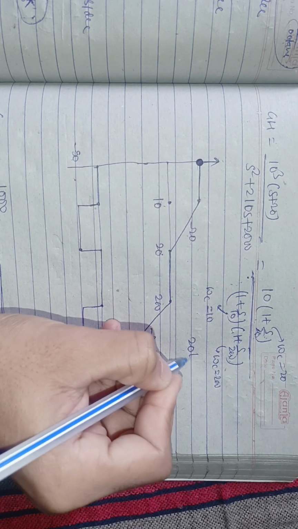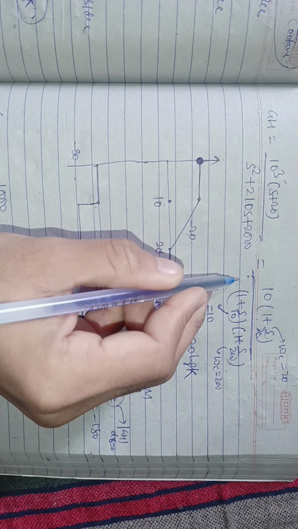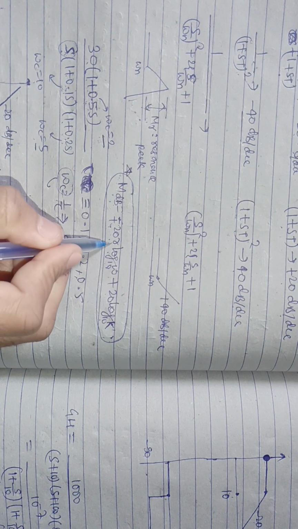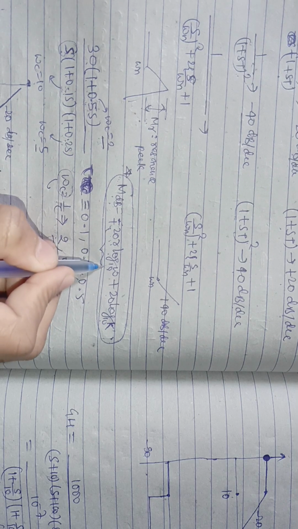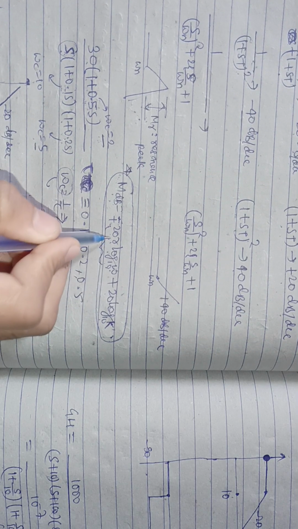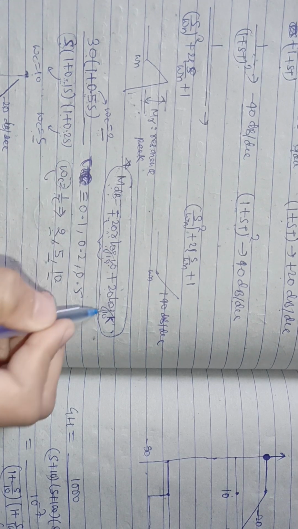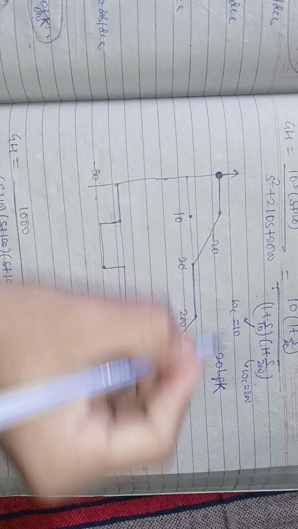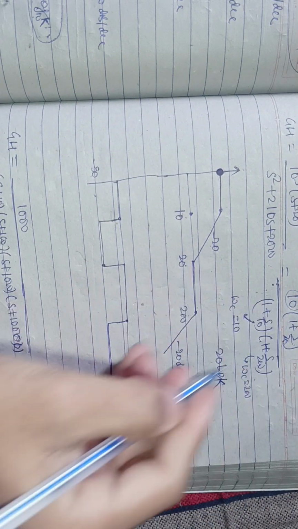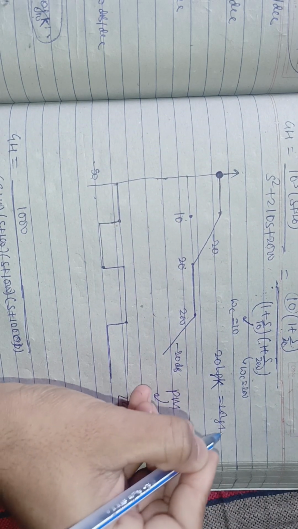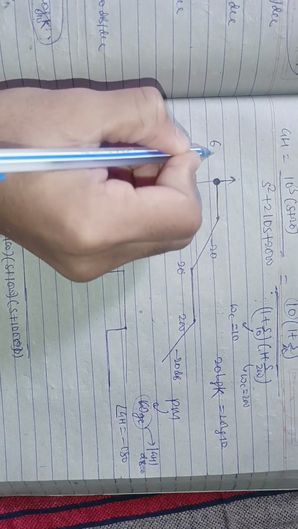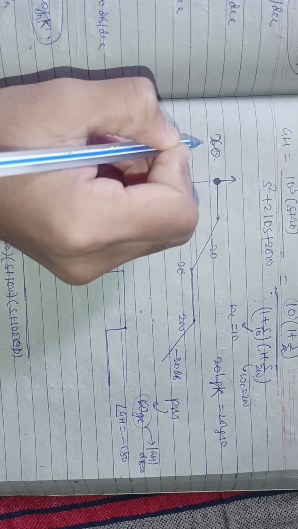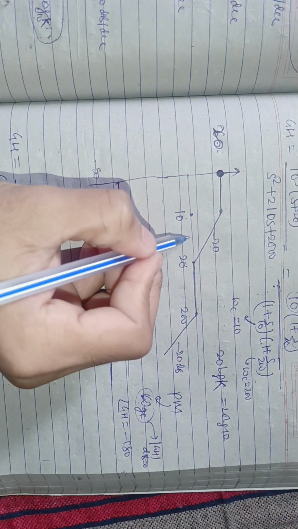The magnitude is 20 log of K, because there are no poles and zeros here, so at omega equal to 1 it becomes 0 and only the magnitude equal to 20 log of K remains. K is 10. So 20 log of 10 becomes 20.